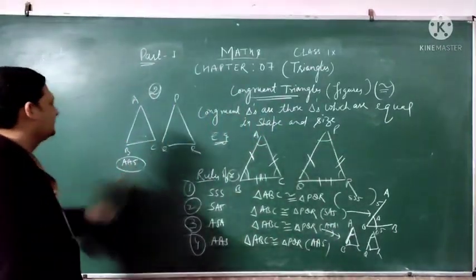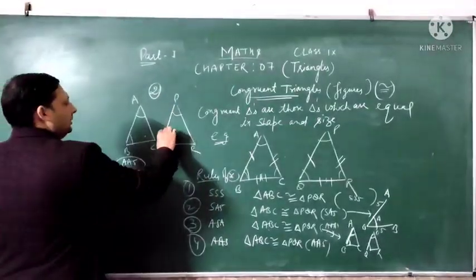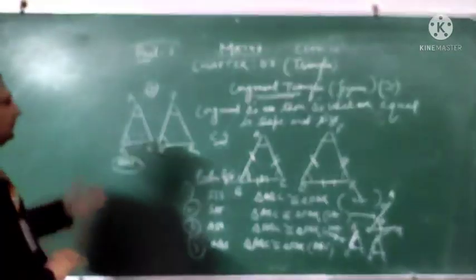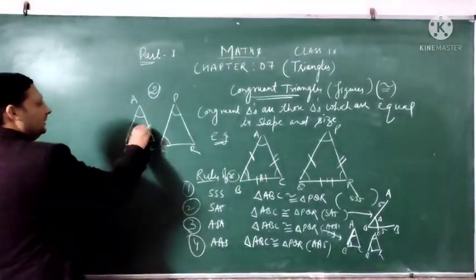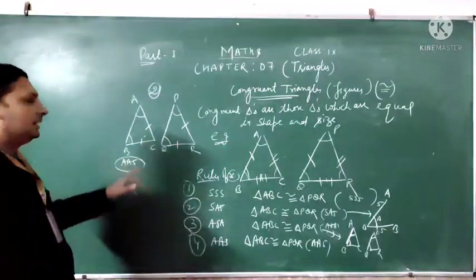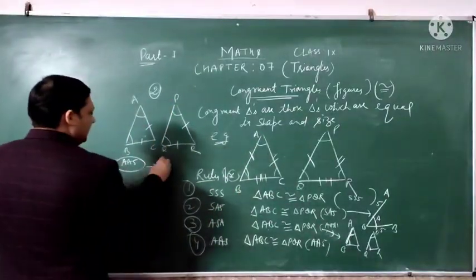But here angle side, so it means we can take any two angles, and we will not take side between two angles. We will take any another side, maybe this side, maybe this side also.